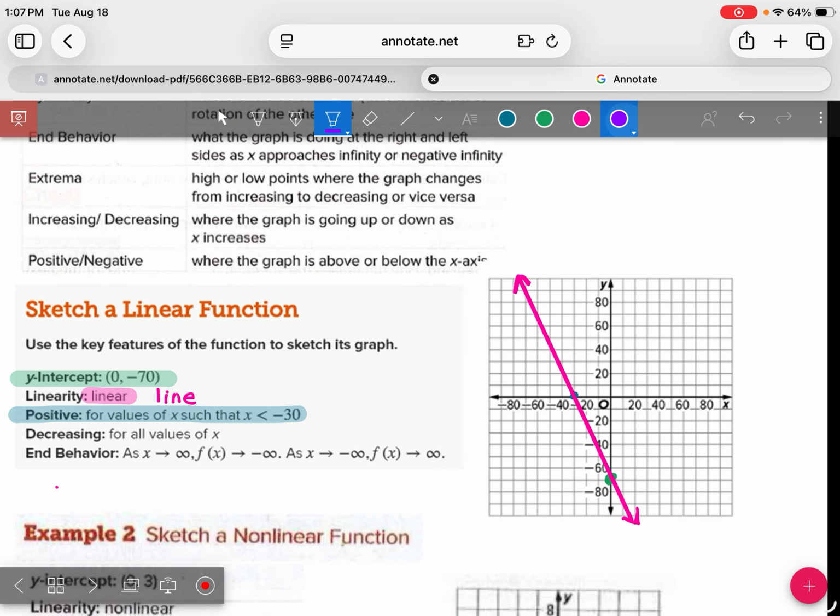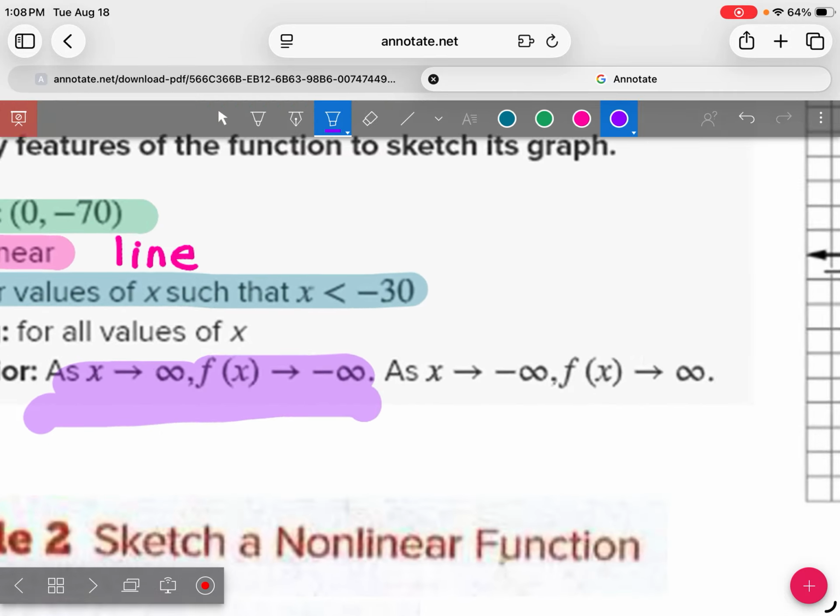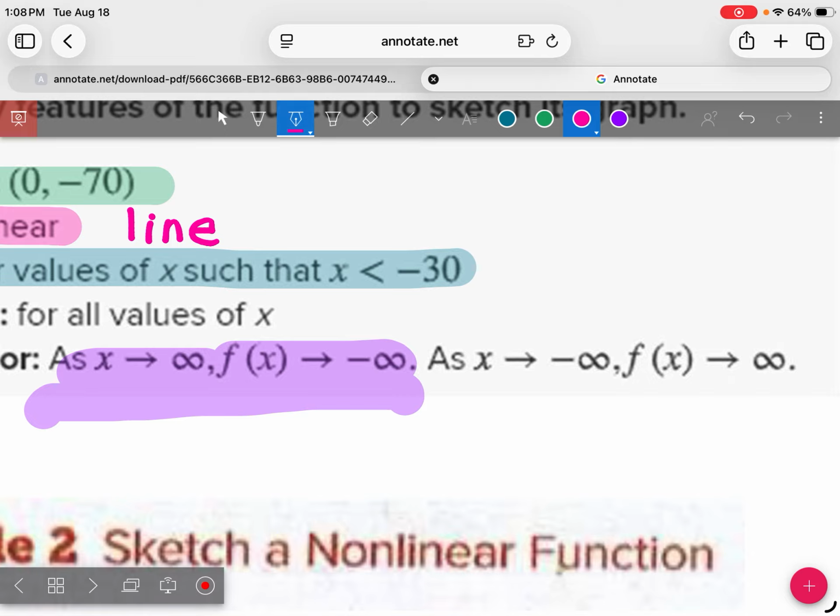Because we have more information. We're told our end behavior as x goes to infinity, meaning as we look at the right arrow, our graph should point which way? Up or down? For right arrow, which way is that going to point? Down.